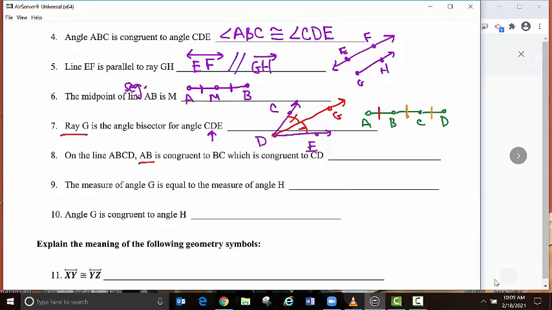That's not what it's asking. It doesn't just want the picture, okay? It wants the sentence. So the sentence would be, segment AB is congruent to segment BC, and then segment BC is congruent to segment CD.